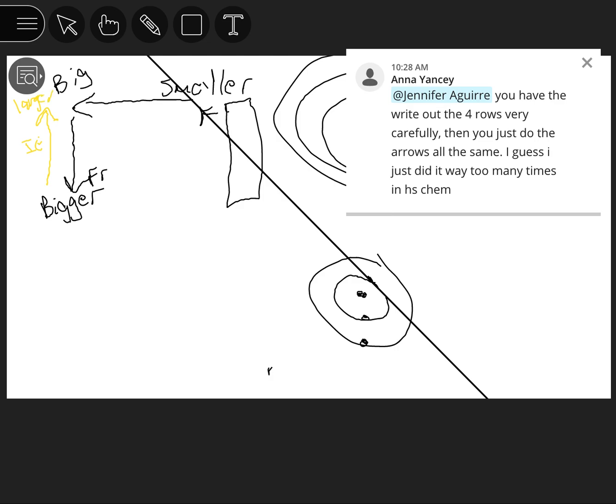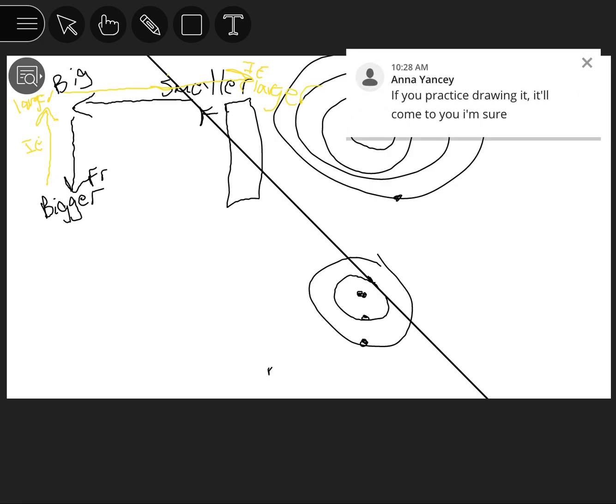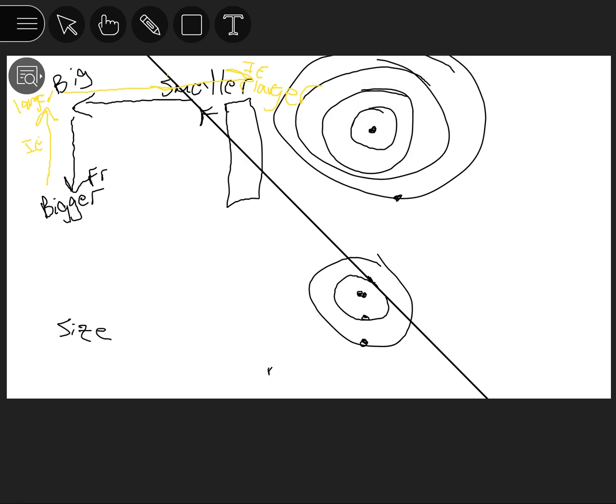And as you go from the left to the right, the ionization energy gets larger. So you have this inverse relationship: as the atomic size increases, the ionization energy decreases.